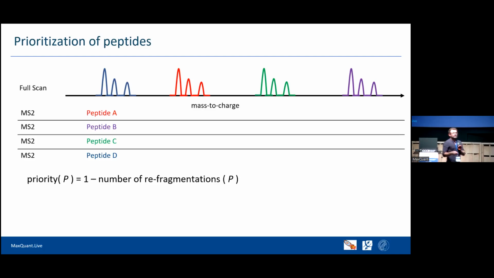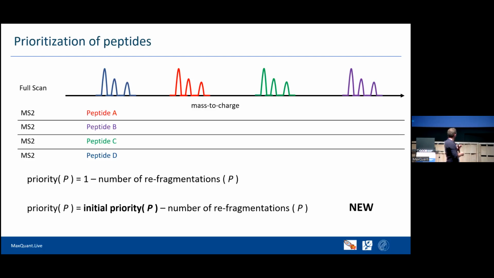But sometimes you want that A always is fragmented. So we made this very slight change in your parameters so that you can prioritize every single peptide in your list and make sure that the ones that you're really interested in get fragmented more often than the other ones. So this is an initial priority setting.